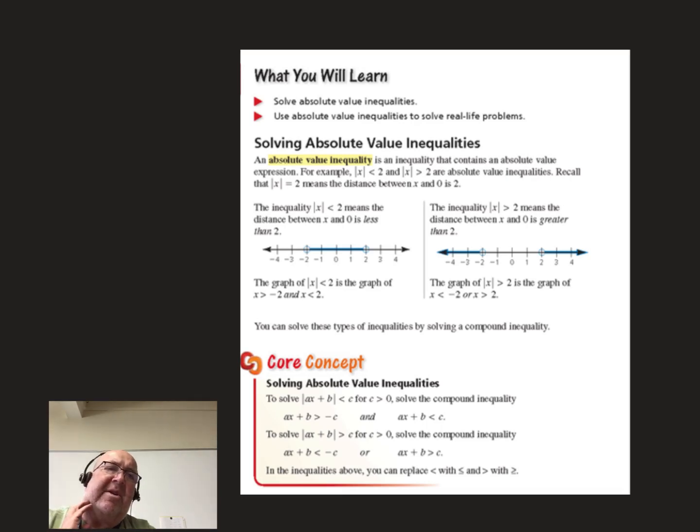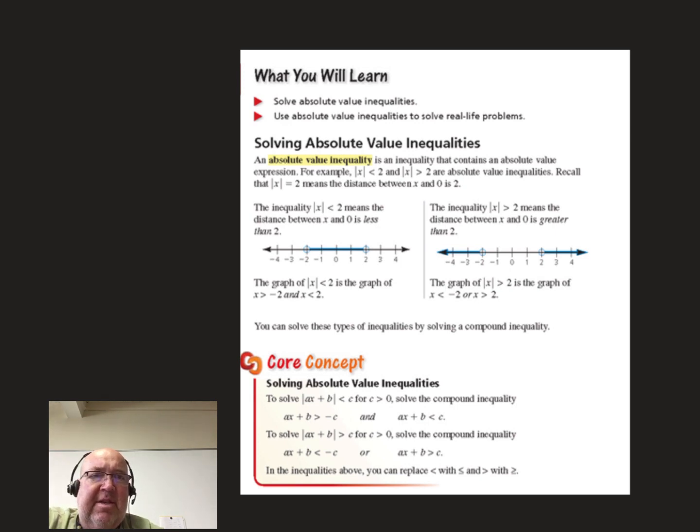Our final part of chapter 2 is going to be taking what we did with absolute value equations and do the same thing with inequalities. So, a couple of things to remember. Inequalities, you're going to have a negative and a positive value. So the same thing is going to happen when you make the negative value.